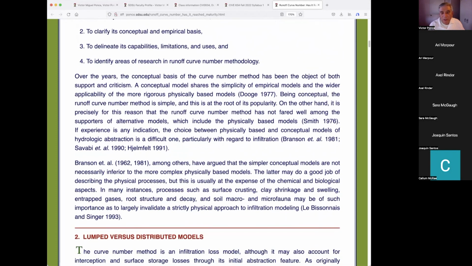The issue of whether the curve number is conceptual is something that I had a fight with Hawkins about, because, being a professor of hydrology, I classified in my book, which came out in 1989, all hydrology methods into deterministic, stochastic, or probabilistic, same thing, conceptual, and parametric, or empirical. And I already talked to you about that.